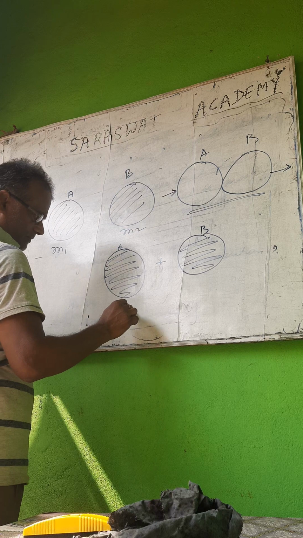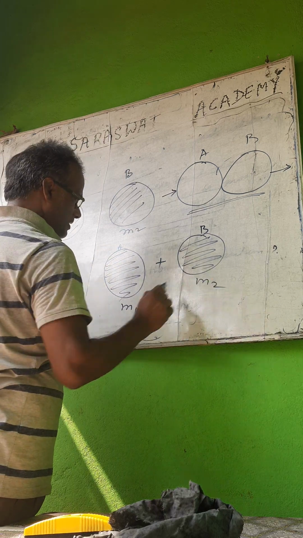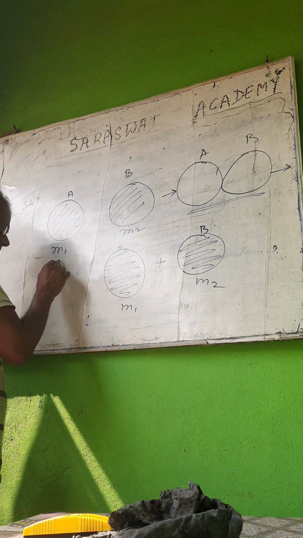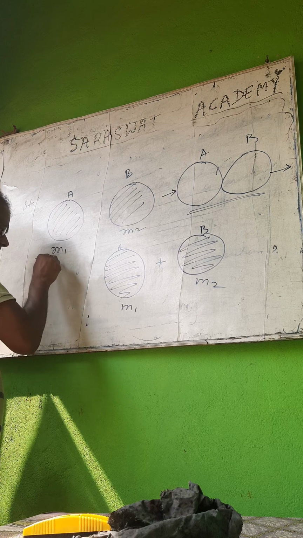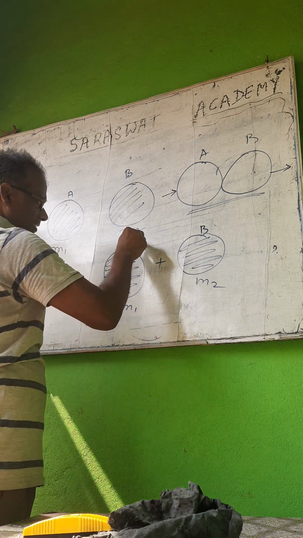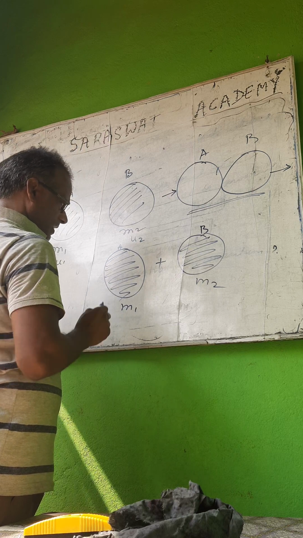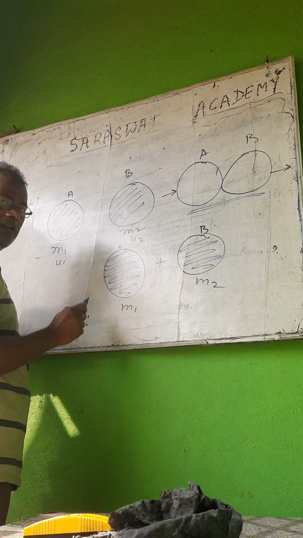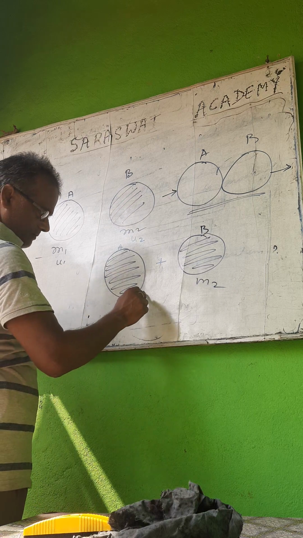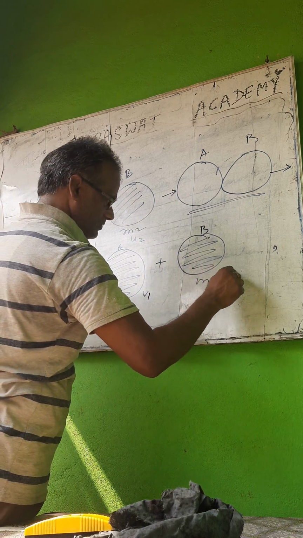Here the masses are m1, m2. Here the initial velocity of object A is u1, the initial velocity of object B is u2, and the final velocities are v1 and v2.